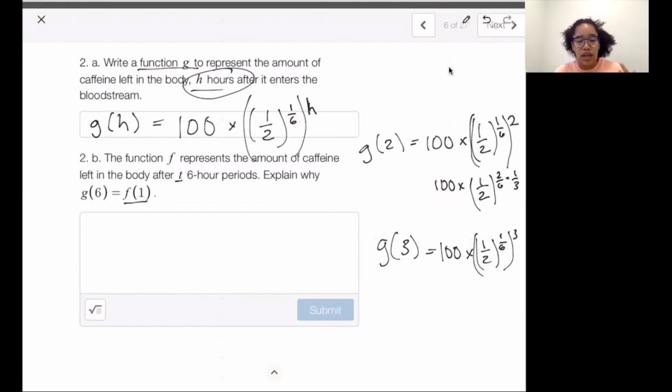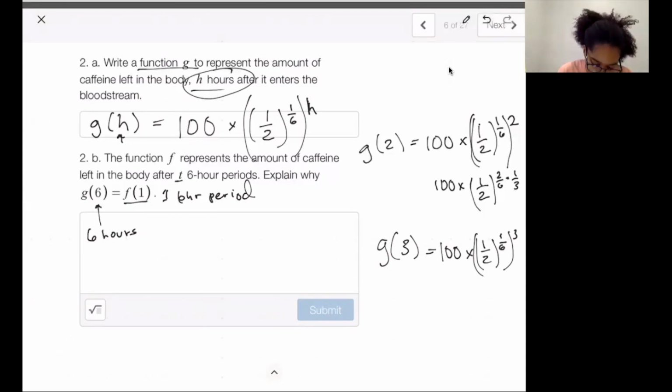They told us that's representing 1 6-hour period. So f of 1 is talking about 6 hours. Well, what's g of 6 talking about? We know that h is representing hours. And so in this case, if h is replaced with 6, it's talking about 6 hours.